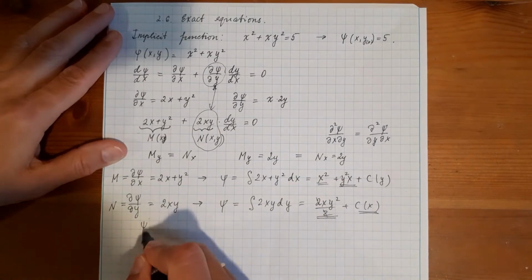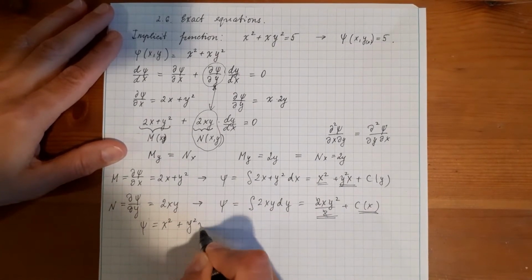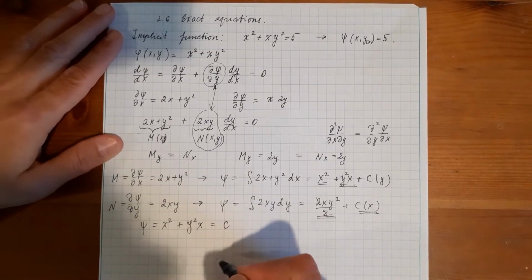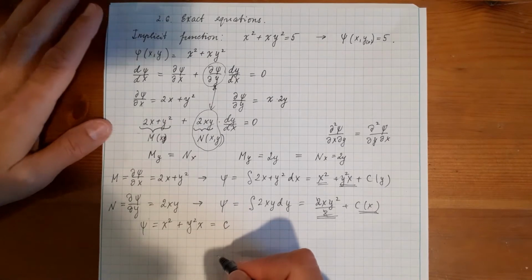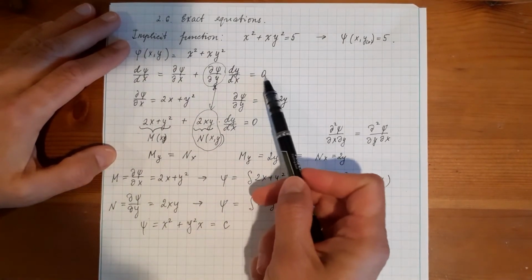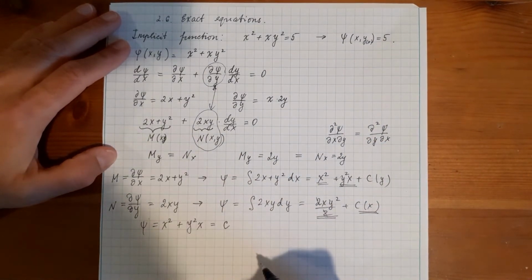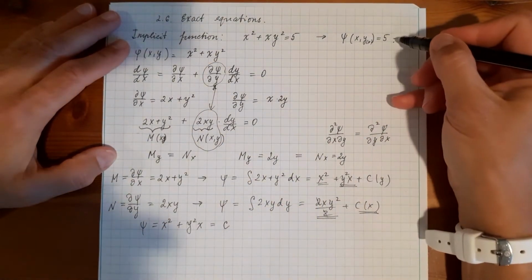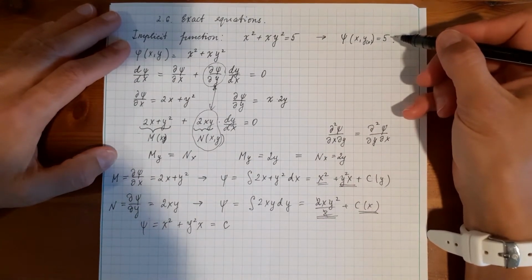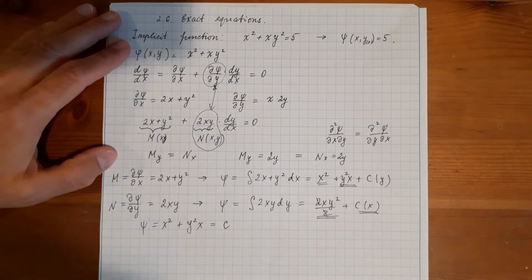So my function phi is x squared plus y squared x, and it's supposed to be equal to a constant, right? Because when we differentiate this phi, we are going to get a 0 here. 0 is produced by a constant. We don't know whether it's 5 or not 5. Actually, the specific number 5 will be given by initial conditions, but otherwise we solved our equation. We found the function which we differentiate and get this equation.